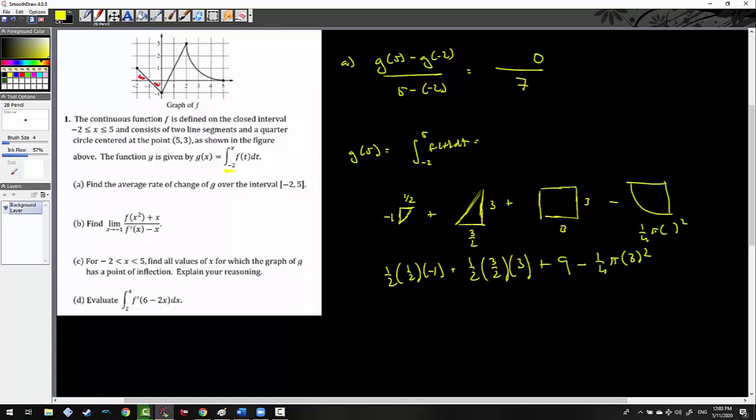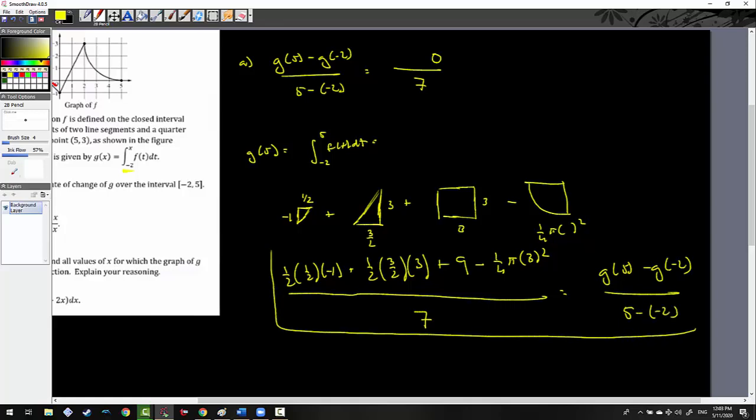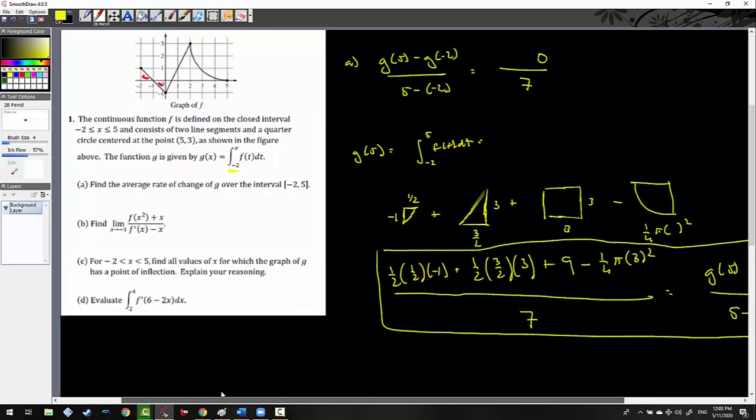Now actually, you can go ahead and just call him all over 7 if you wanted to, without simplifying, and then making that equal to g of 5 minus g of -2 over 5 minus -2, and that would actually be acceptable because remember, we don't have to simplify anything on the day of the AP exam. Just make sure all of your stuff is lined up. So that should take care of Part A.